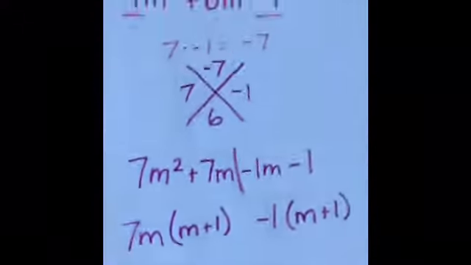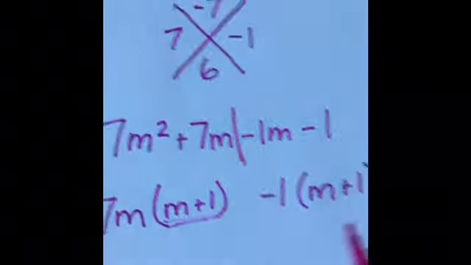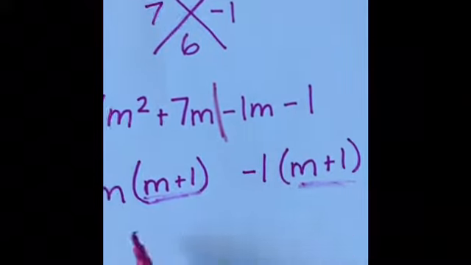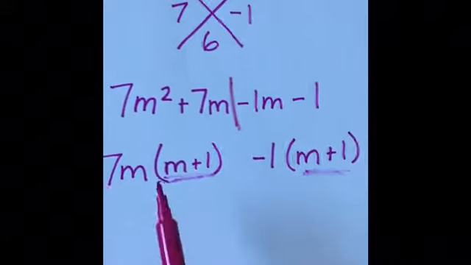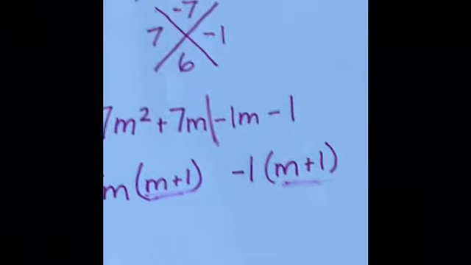We always want to make sure that this and this always have to be the same. That's how we know that the factoring worked. We see that they're both m plus 1, m plus 1. Okay, great.